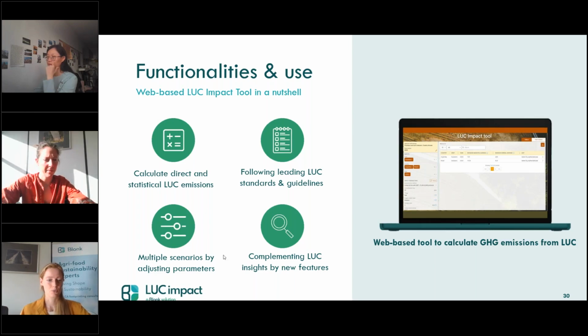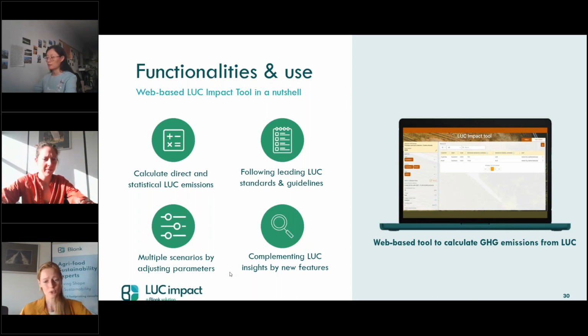Also in this web-based tool, we allow for a lot of flexibility for the user. So you can create different scenarios by adjusting a lot of the parameters used in these land use change calculations. And in that way, we want to give more insight to the user where these emissions actually come from and how certain decisions that you make in the calculation method actually influence it.